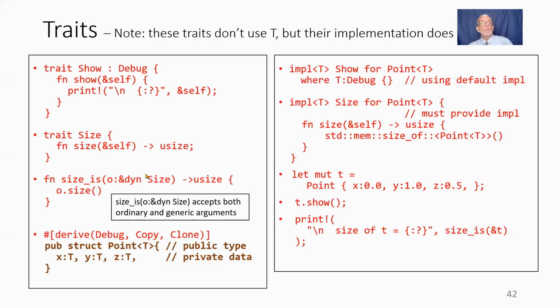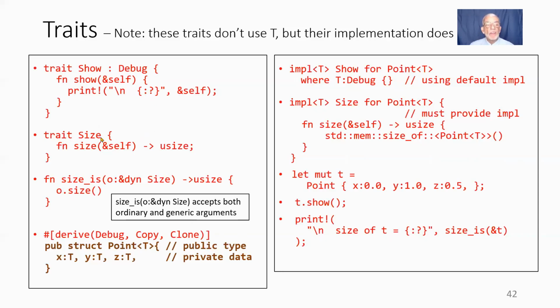Okay, and so as we saw in the last video, we can define traits. Here's a show trait that has a super debug trait because it needs the debug to satisfy the requirement to print using this debug trait.